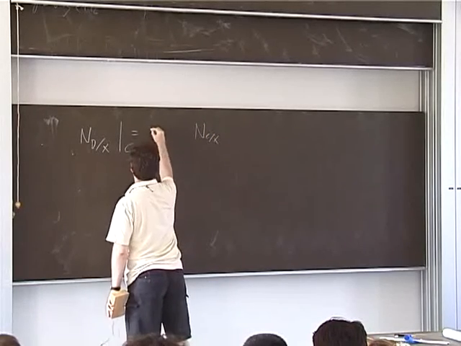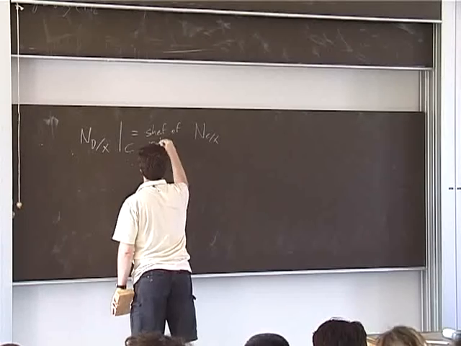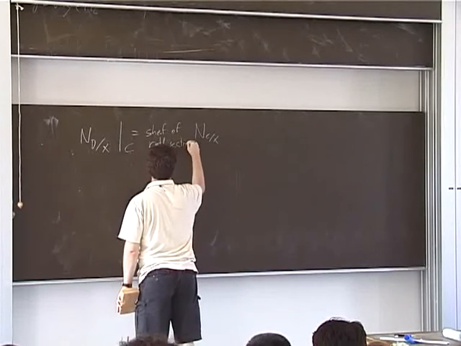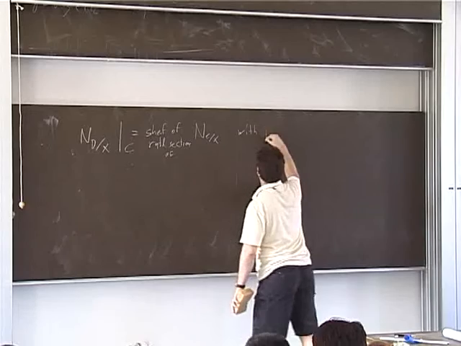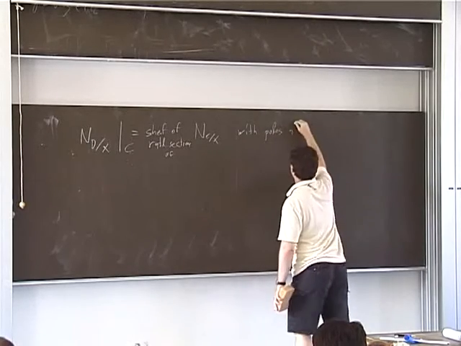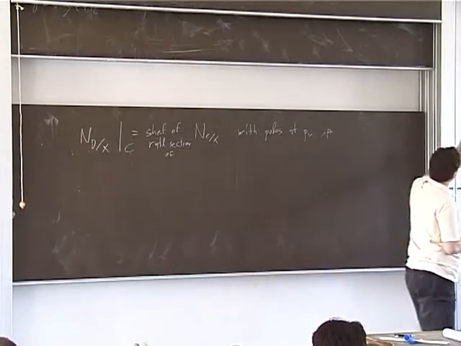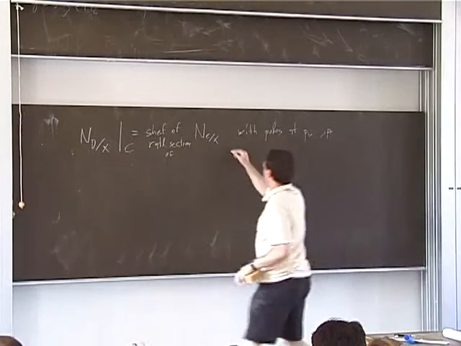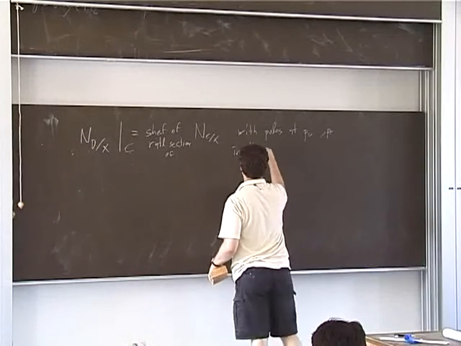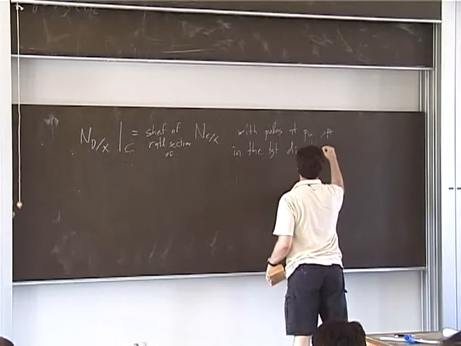So this is equal to the sheaf of rational sections, so meromorphic sections, of this guy with poles at the points P1 through PR in the tangent directions VI.